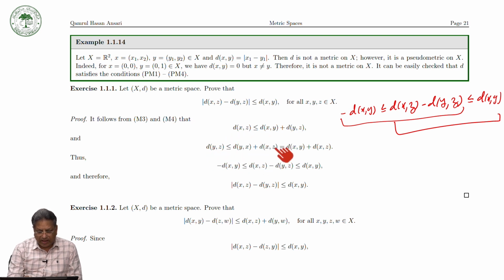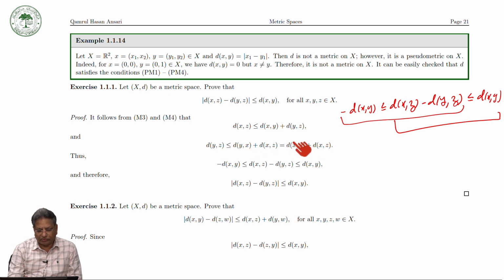Now here we can use the symmetry property, and d(y,x) is the same as d(x,y), and therefore you can see that d(x,y) you take on the left hand side and d(y,z) you can take on the right hand side.